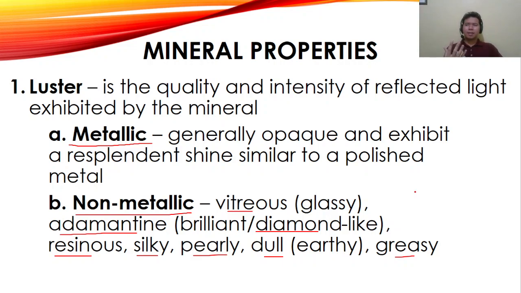It's quite similar to the property of a mirror. That's why it's very shiny, and our image can reflect in a metallic mineral, while in a non-metallic mineral, the light cannot reflect back, it gets absorbed, or only a bit is reflected back.